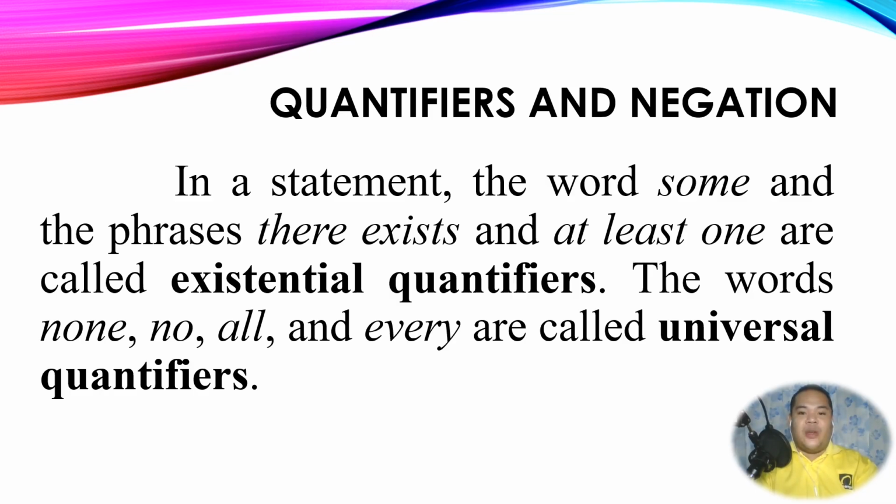There are these quantifiers that we call existential and universal. Existential quantifiers include the words some, there exists, and at least one. Universal quantifiers include the words none, no, all, and every.